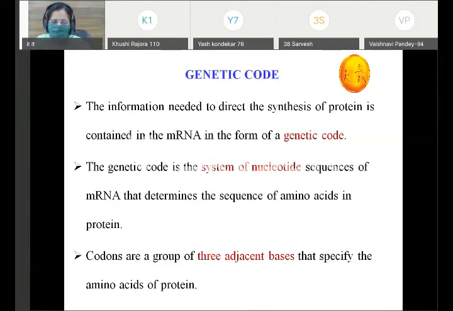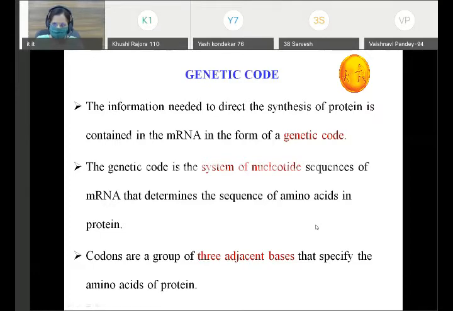Okay, so the genetic code consists of codons. Codons are the group of 3 adjacent nitrogen bases that specify the single amino acid in a protein. So one codon identifies one amino acid, and with a number of codons, a number of amino acids are identified and utilized in the synthesis of protein.